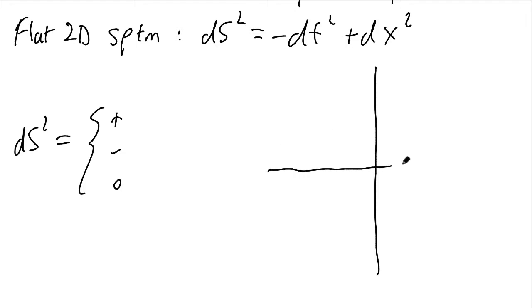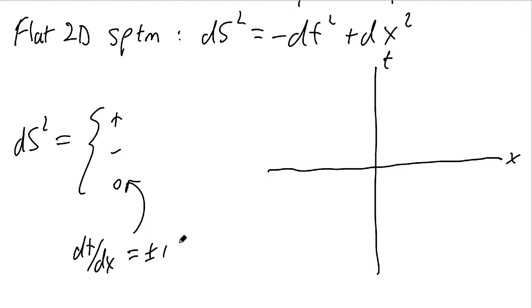So let's draw a spacetime diagram here. All right, for ds squared equals 0, that means dt by dx, or dx by dt, whichever way you want to write it, is plus or minus 1. So these are the events that are light-like separated, or sometimes we call them null separated, and they're connected by a light ray.